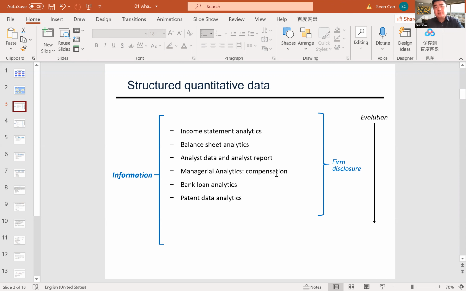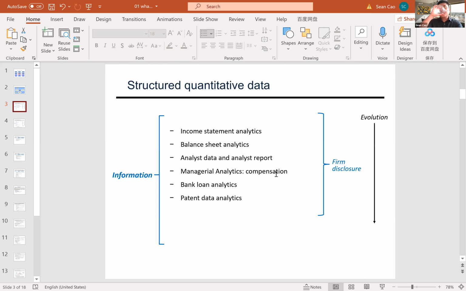And another thing I want you guys to understand is bank loan data. This is very important data which is available. Bank loan data is about the loan contract. So let's say Apple borrows money from Bank of America, then there will be a loan contract between Apple and Bank of America.